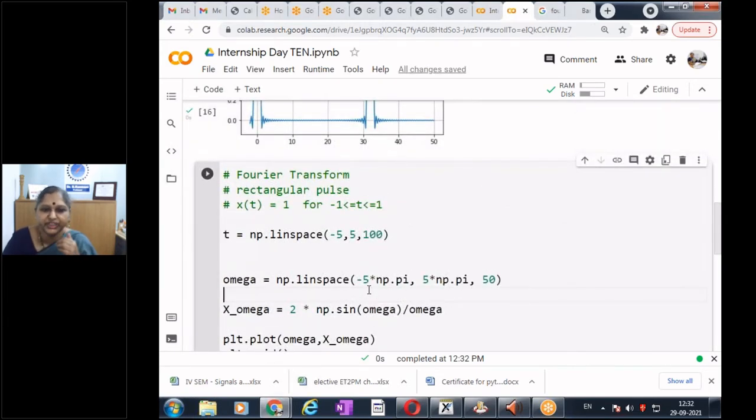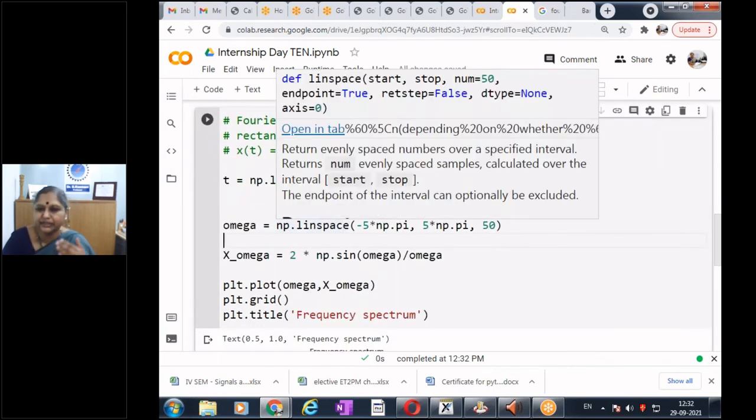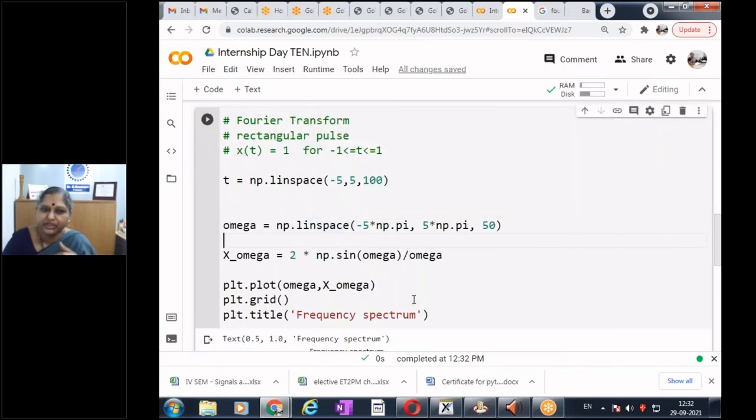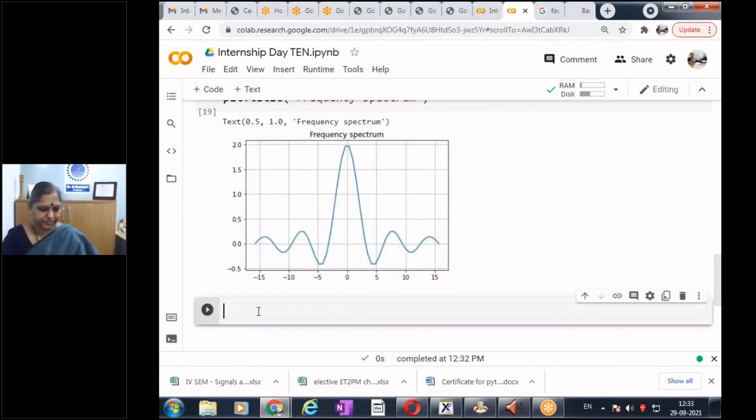Now suppose I want to change it, take another signal, time expanded signal, and plot it. What's the other example? If I take another example, say e power -at ut.